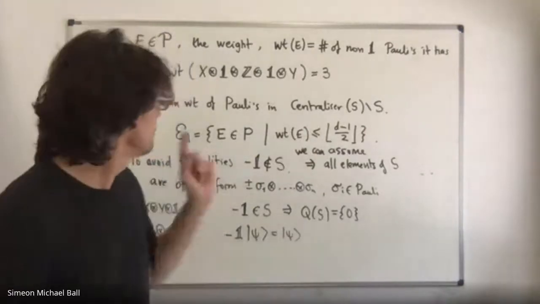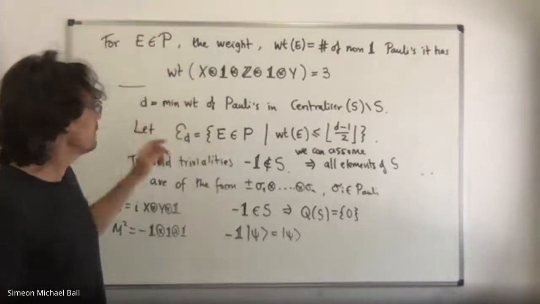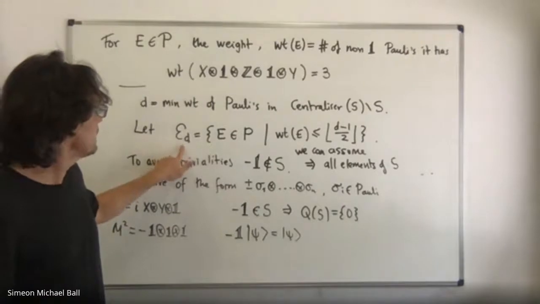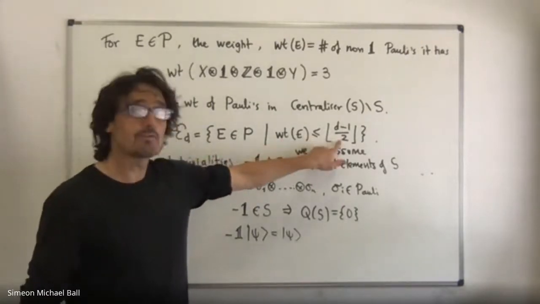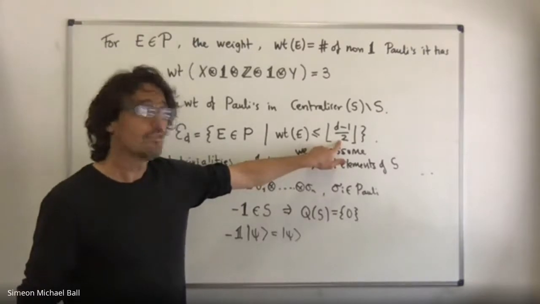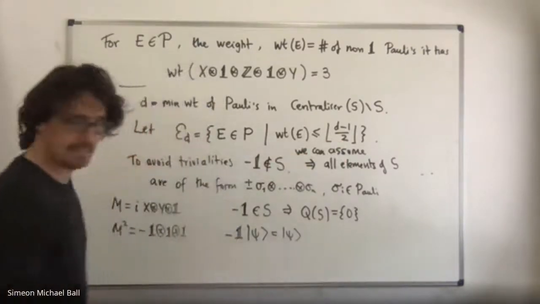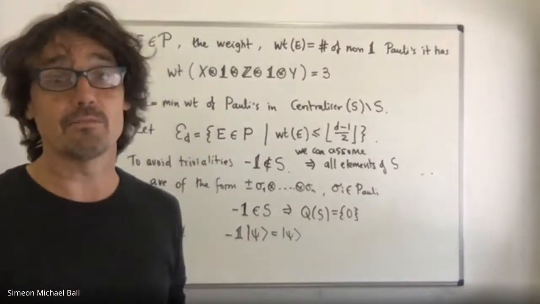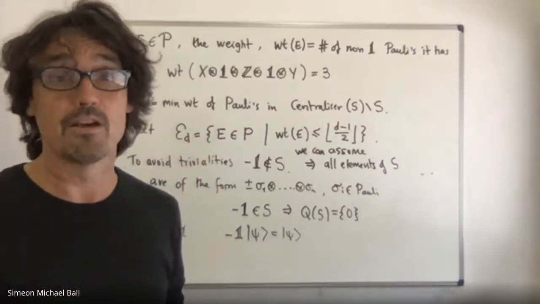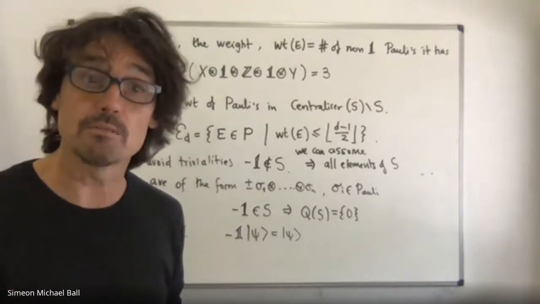They're the bad ones. So as long as we can avoid those, so if I define ED in the way that this is less than D minus 1, that means that if I take EI, EJ dagger, as in the recovery map theorem, the weight of that operator is at most D minus 1.